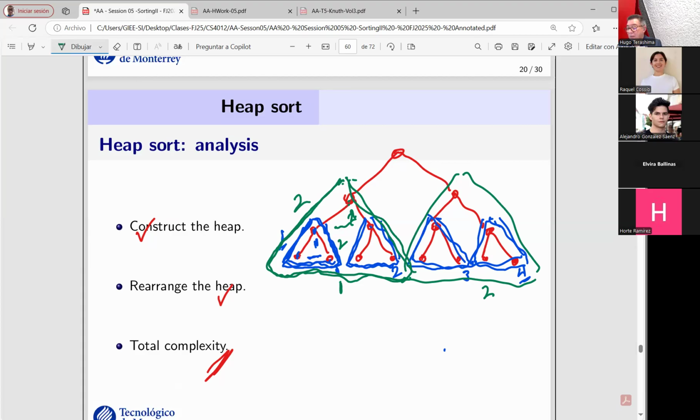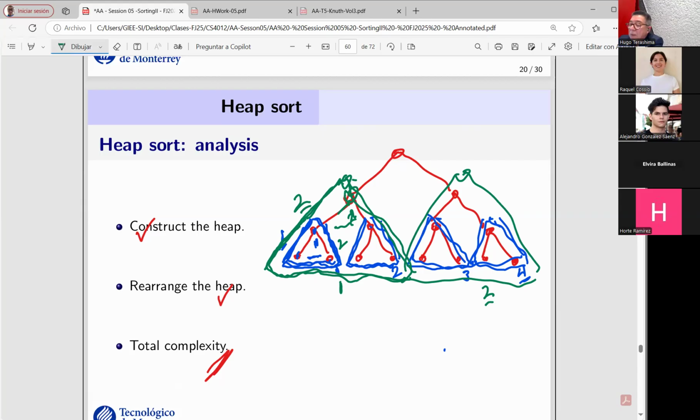Now I have a smaller number of trees, but they have a larger depth, right? So those are the greens. I have height 2 and 2 comparisons per level, right? Per level, because the element here is going to go to one of the leaves, to one of the sides, depending on the comparison there, right?